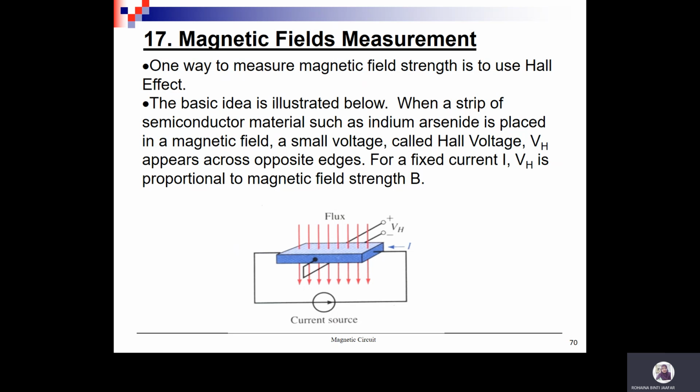Okay, and then how do we measure the magnetic field? One way to measure magnetic field strength is to use the Hall effect. This one you can apply in your lab work. So this is the diagram of how to measure the magnetic field strength.